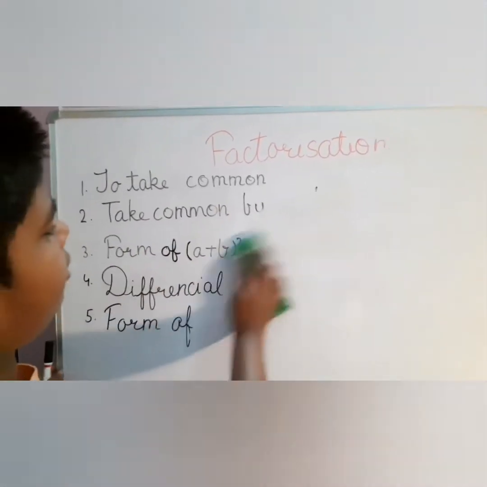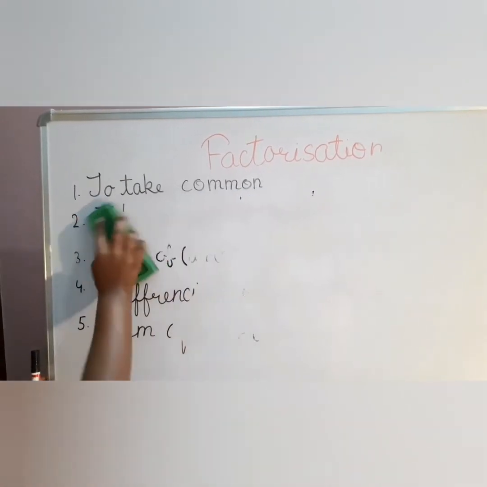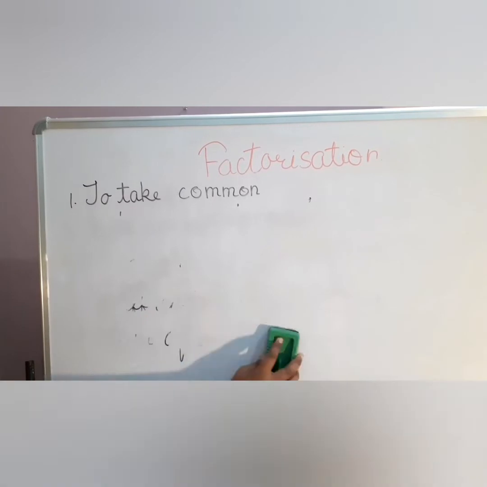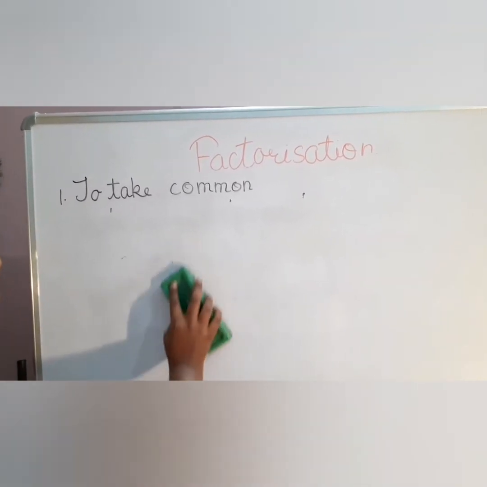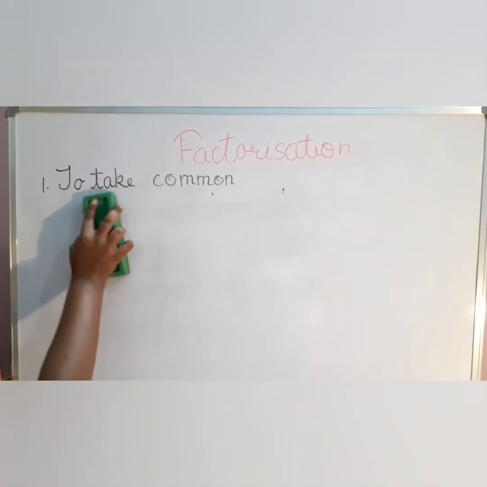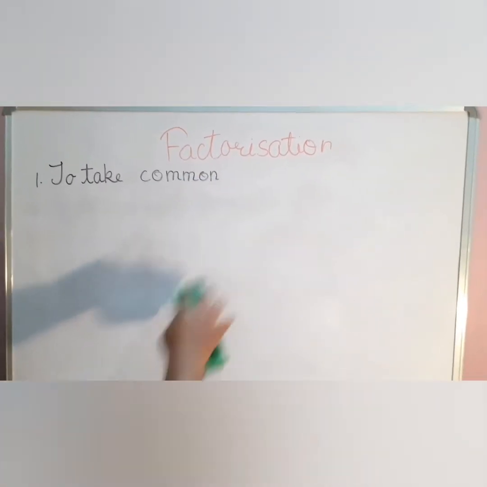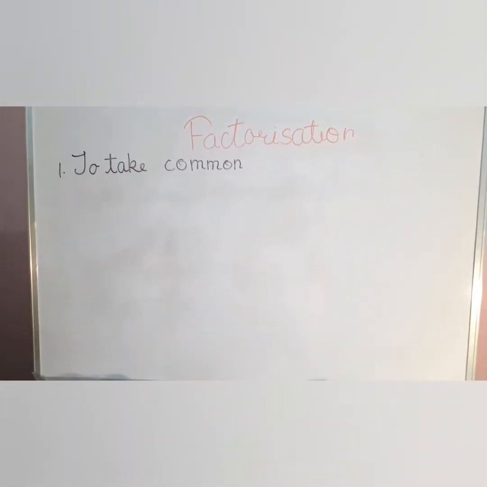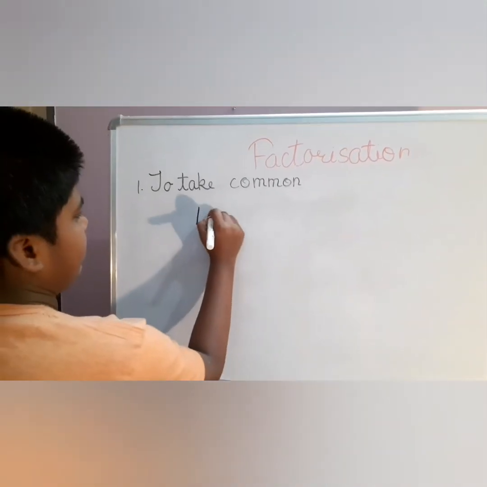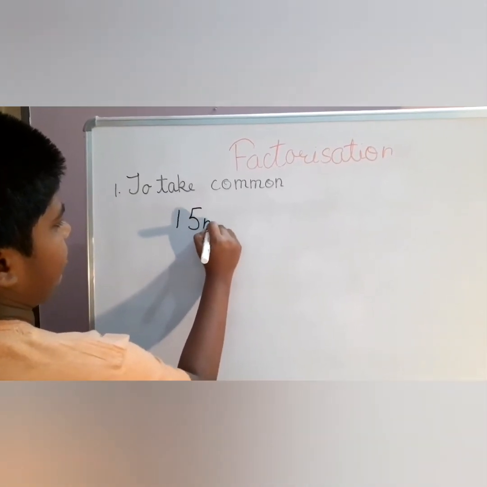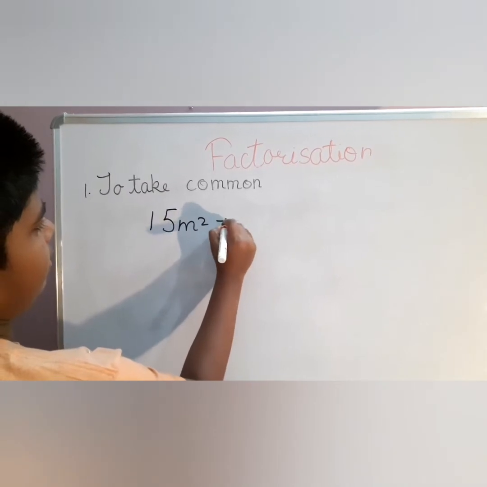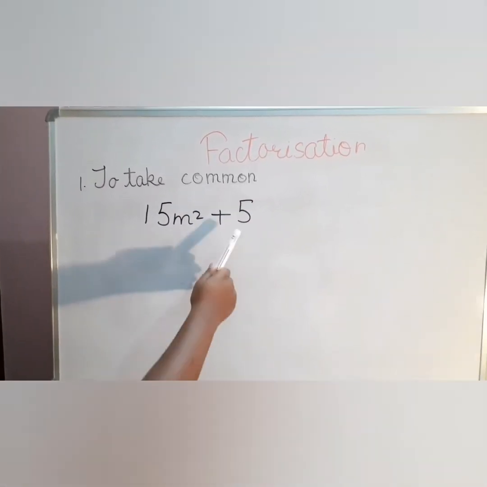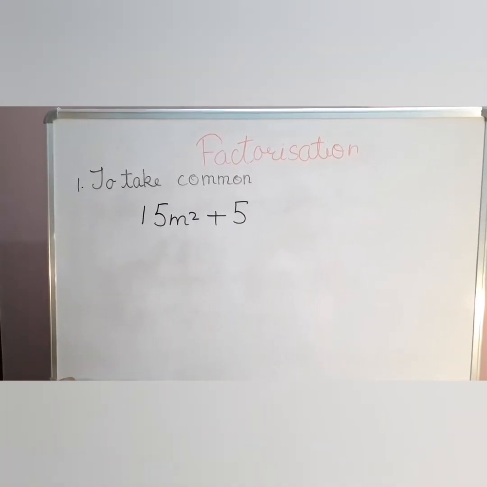Let me clean the board. To take common. For example, if our algebraic expression is 15m square plus 5, if you carefully see, 5 can be taken common in this.